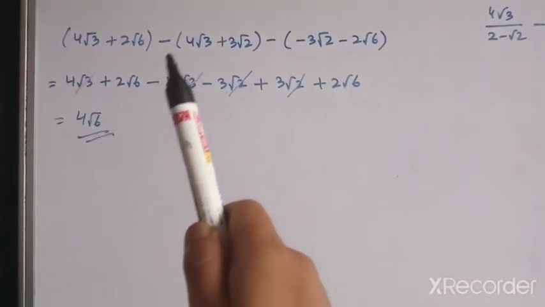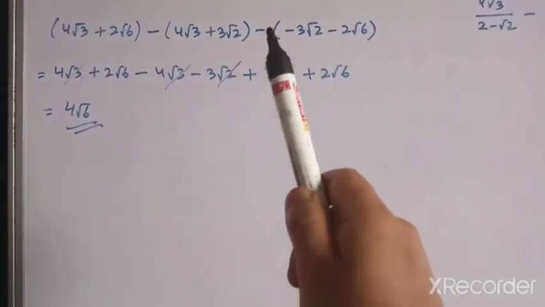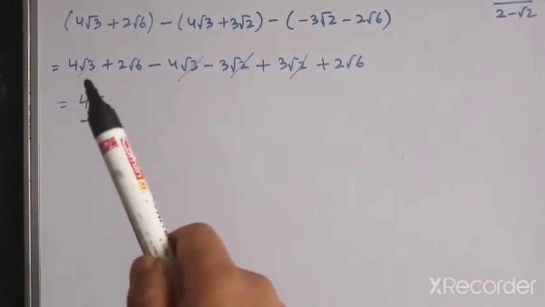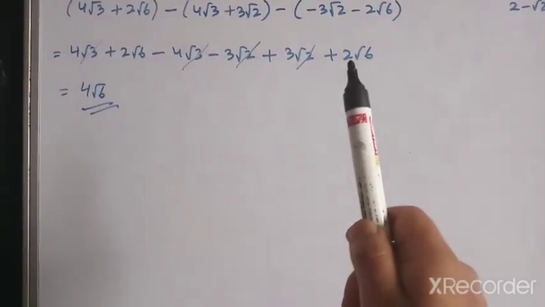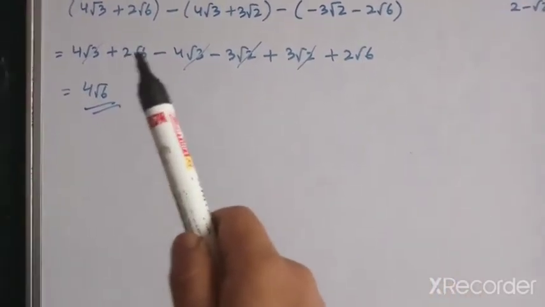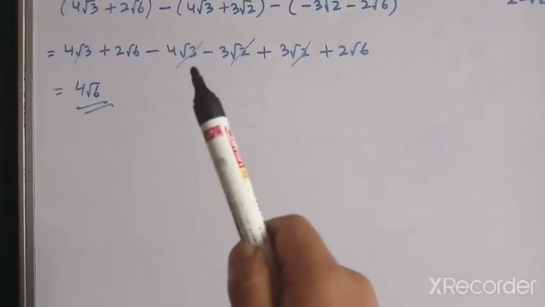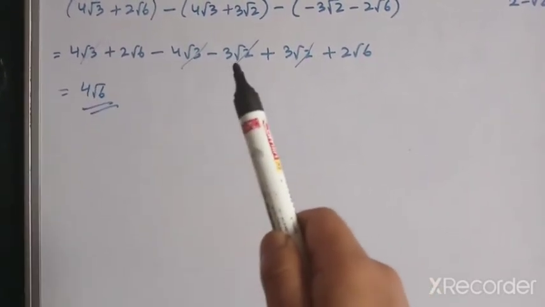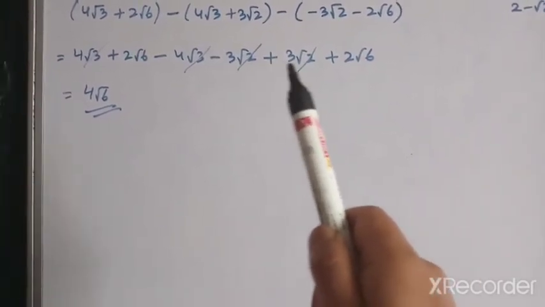Now when we open the brackets, this minus will change both the signs, and because of this minus, this sign will change as plus. So here you got 4 root 3 minus 4 root 3 cancels, 2 root 6 and 2 root 6, these two will add because their sign is same, and these are similar surds, so their coefficients will be added. 2 plus 2 is 4 root 6, and minus 4 root 3 got cancelled with 4 root 3, and here you got minus 3 root 2 and plus 3 root 2. This one also will get cancelled.